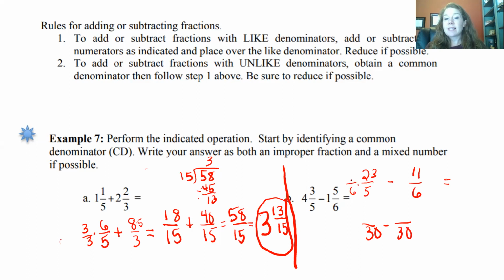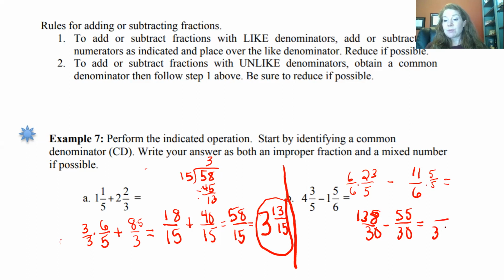So 6 times 23, I'm going to use my calculator, is 138. And then 6 times 5 is 30. So I'm going to multiply 11 times 5 and I get 55.